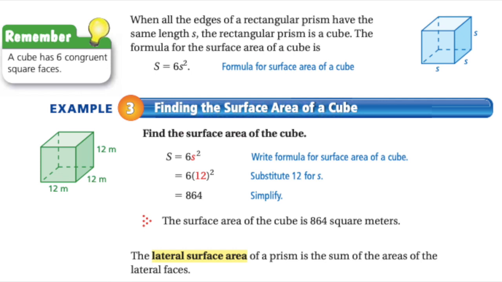So in that example, each side is 12, so they plug it in, and when they simplify, 6 times 12 squared, so 6 times 12 times 12, ends up being 864. So surface area of a cube is pretty simple and straightforward.